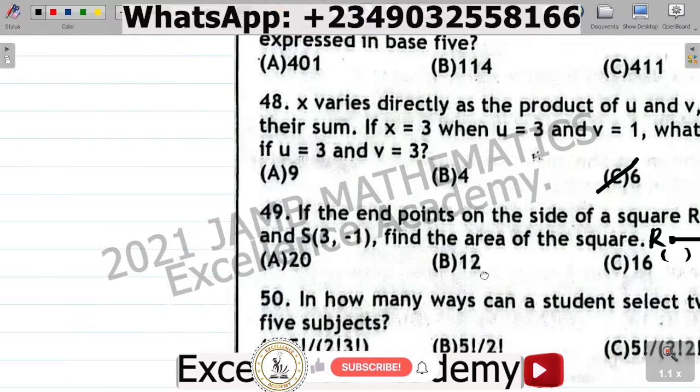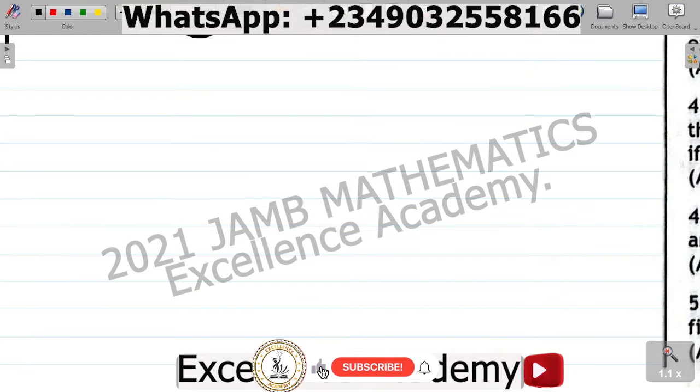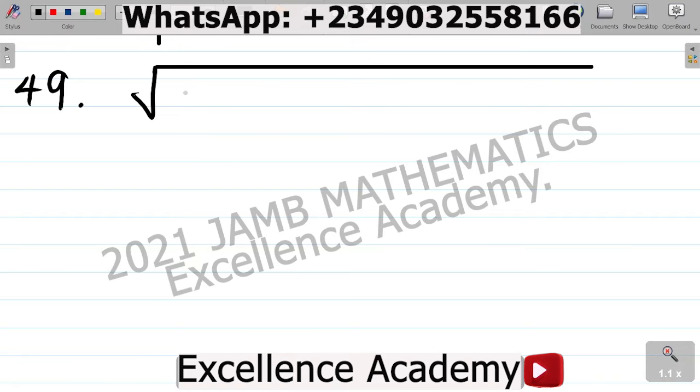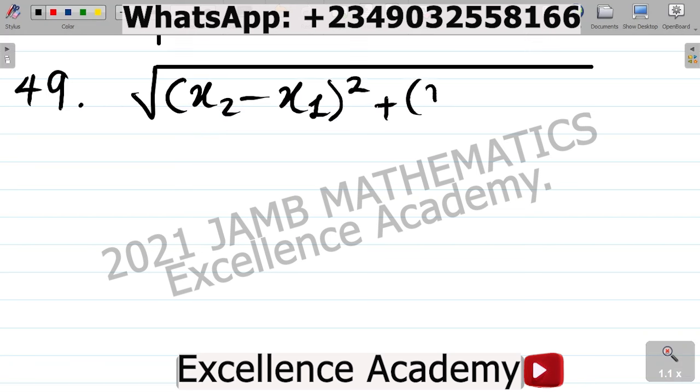The formula to find the length of a line given the coordinates is simply the square root of x2 minus x1, all squared, plus y2 minus y1, all squared.